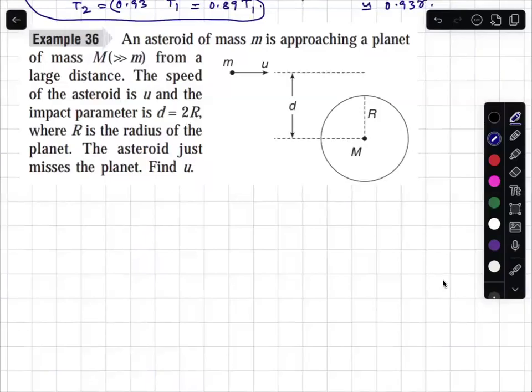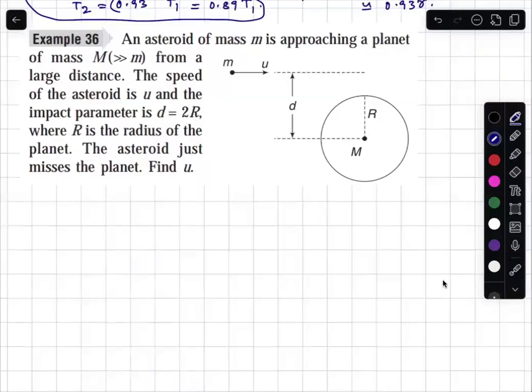An asteroid of mass m is approaching a planet of mass capital M. Asteroid mass is negligible. My point is, the planet won't move towards the asteroid. That's the point. Right. The speed of the asteroid is u at the impact parameter. Impact parameter is the perpendicular distance.